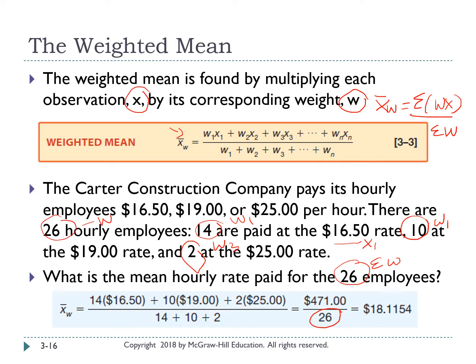And then 10, your second weight, multiplied with $19, plus 2 multiplied with $25. So this is how to compute it. And then you divide it by the summation of your weights, which is 26. You should get 18 point something dollars. Okay?